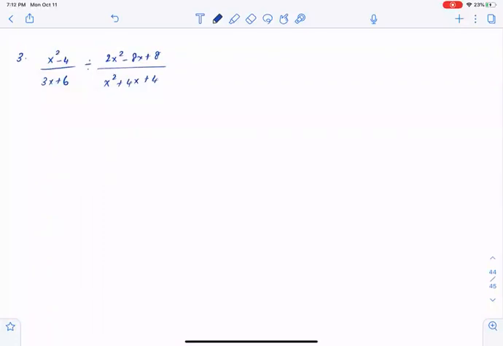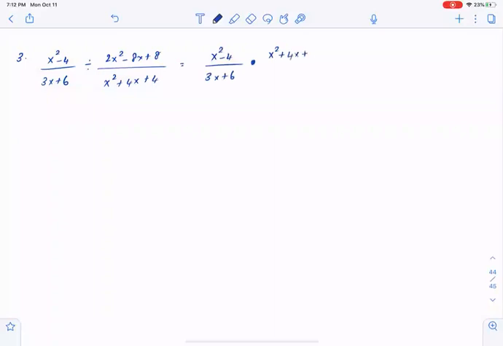So division, first step, we have to convert to multiplication. So x squared minus 4 divided by 3x plus 6 times the reciprocal of the other rational expression.